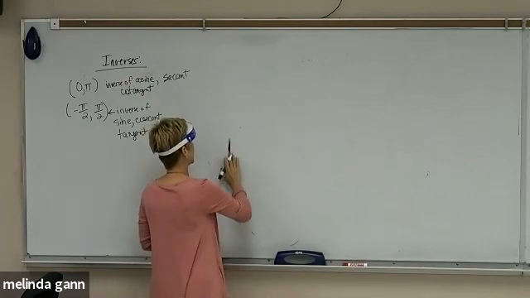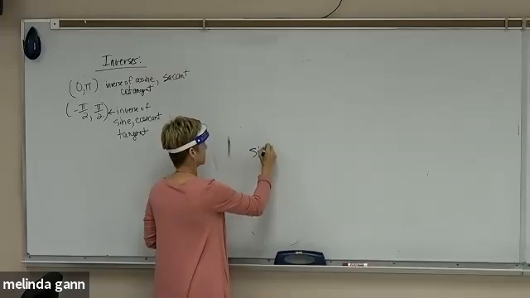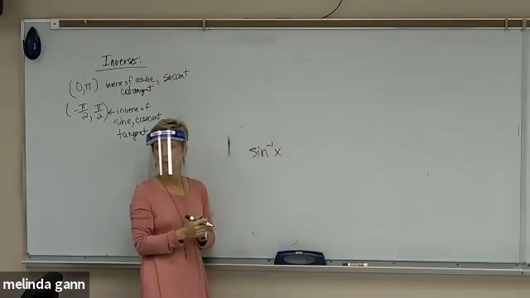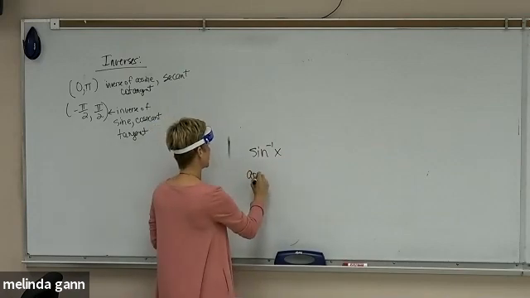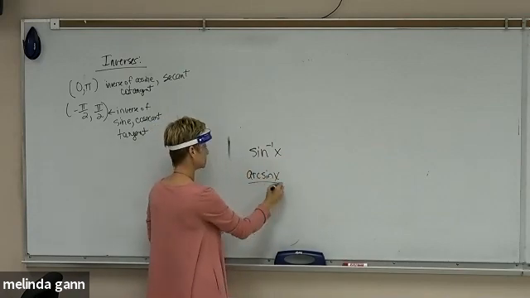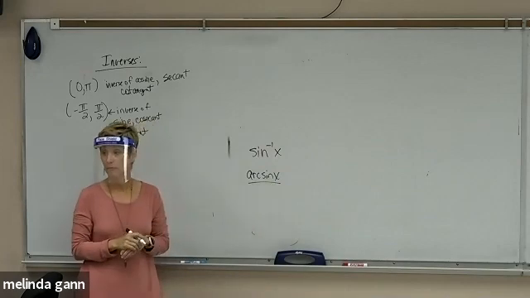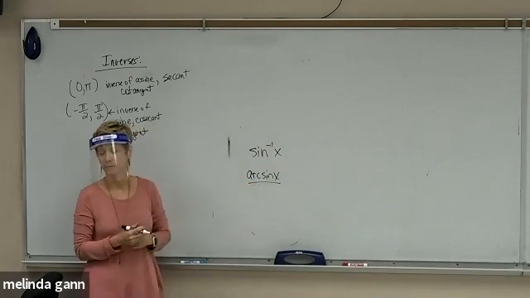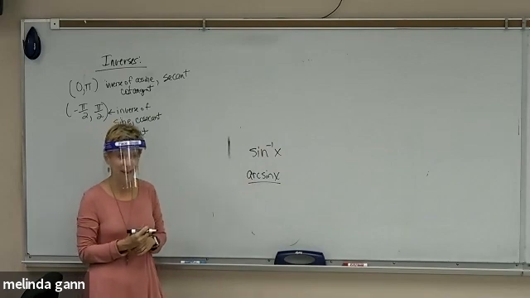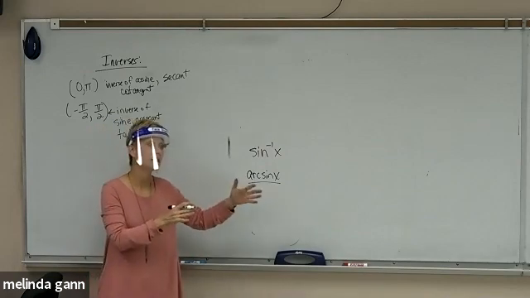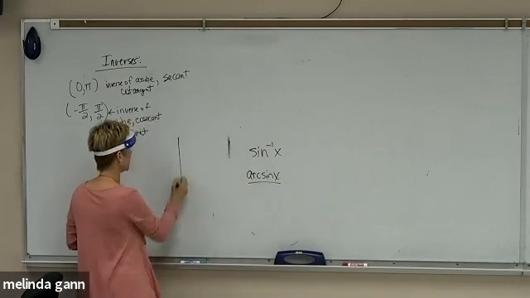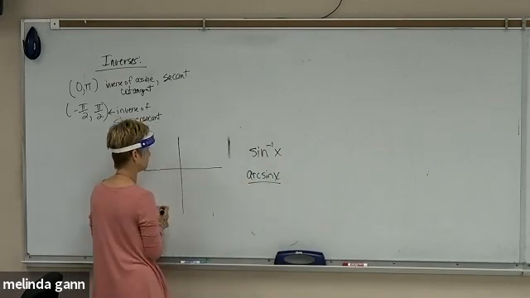Sometimes they'll write it like this, but most of the time in your book, they're going to put it like this, arcsine. Arcsine means the inverse of what? Sine. Arctangent is going to be the inverse of tangent. Everybody with me?